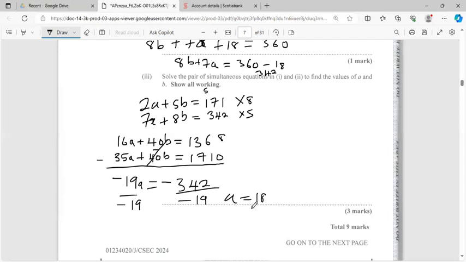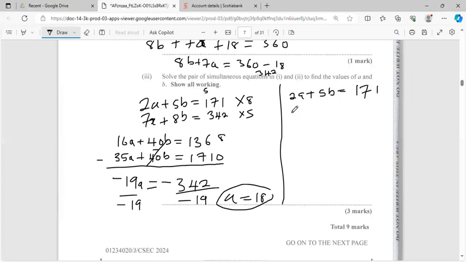So all I'm going to do now is to substitute A equal 18 into each one. I'm going to go with the first one: 2A plus 5B, and that must equal 171.